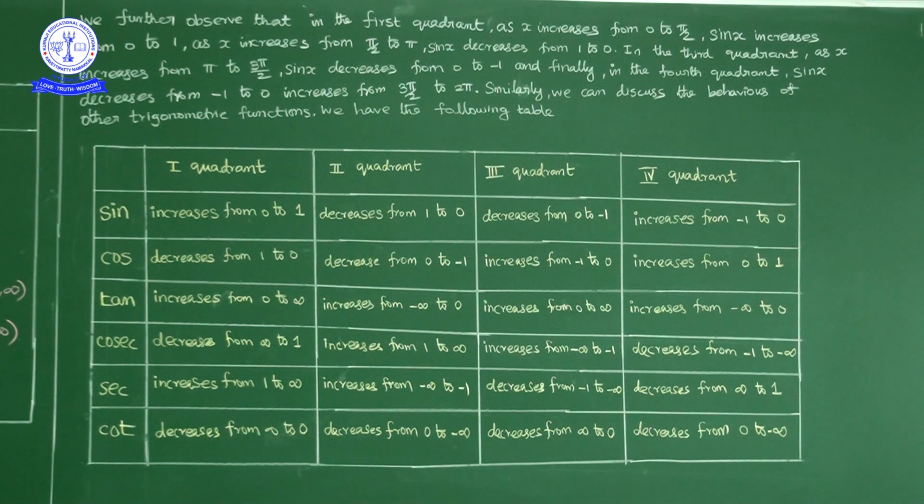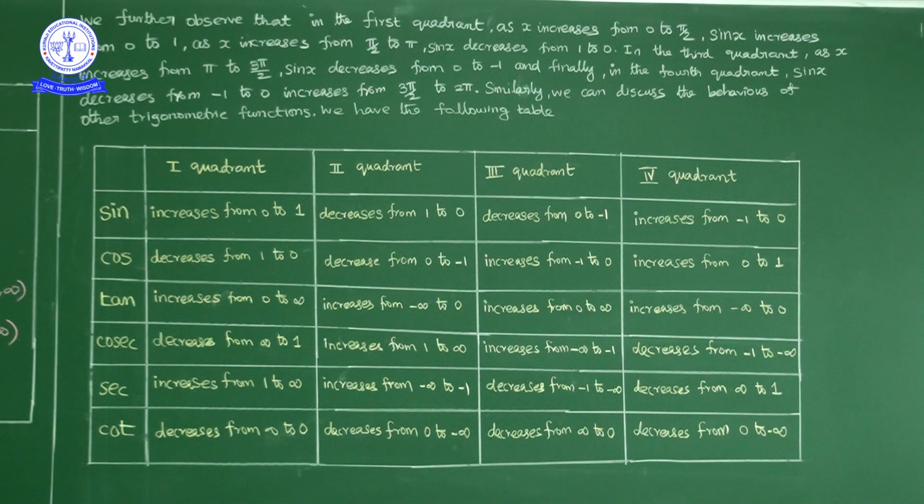In the third quadrant, sin further decreases from 0 to -1, which is the least value of sin x.